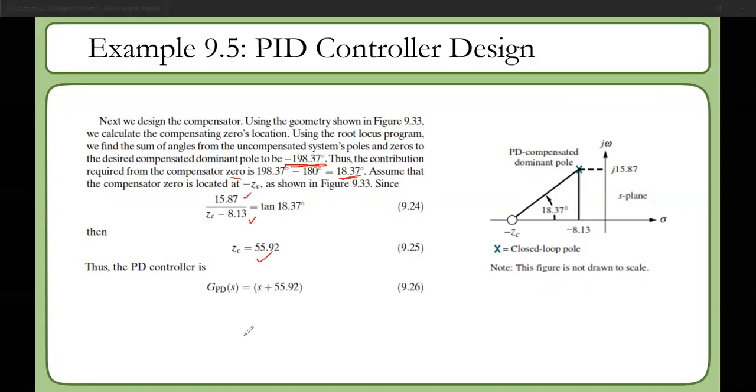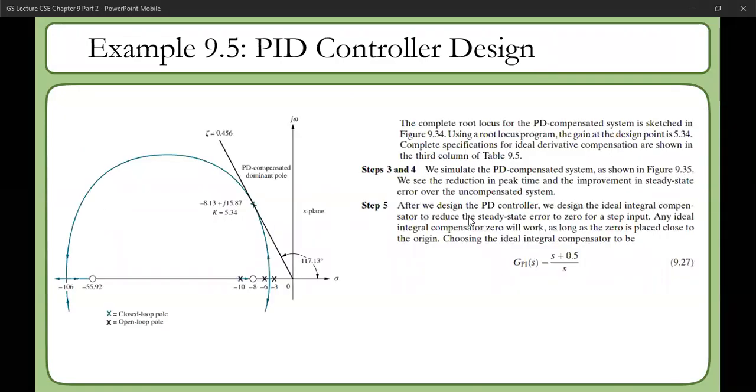After the PD controller is designed, you have to compare the table, complete the table. Then after completing the table, you go for the PI controller. As we said, the PI controller design is relatively easier. You choose a pole at the origin and a nearby zero.